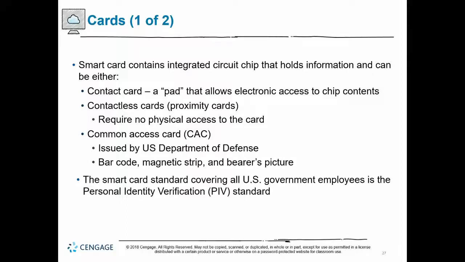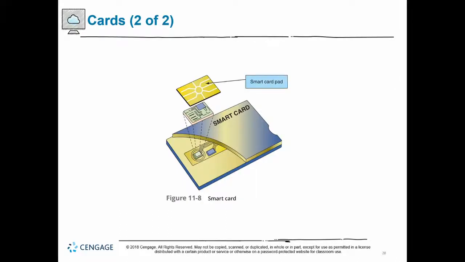The Common Access Card issued by the DoD has a barcode, magnetic strip, and picture. Usually people in the military have these CAC cards. A smart card standard covering all U.S. government employees is the Personal Identity Verification standard.